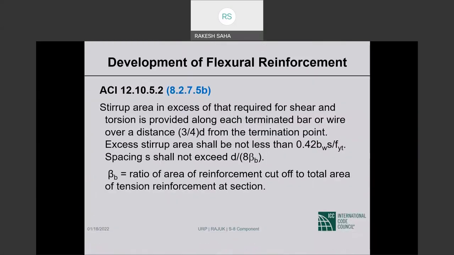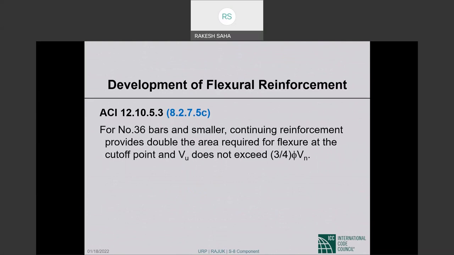The second is much more complicated. The third one also is more complicated than the first one. For number 36 bars and smaller, continuing reinforcement provides double the area required for flexure at the cutoff point, and V sub U does not exceed, now it is 3/4 rather than 2/3, phi times V sub N. So the first one was V sub U shall not exceed 2/3 phi times V sub N, pretty simple, straightforward.